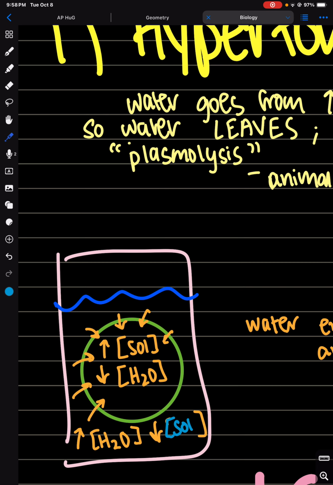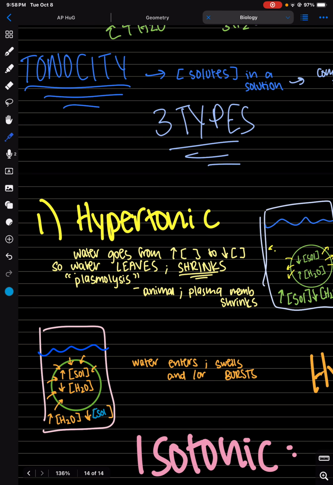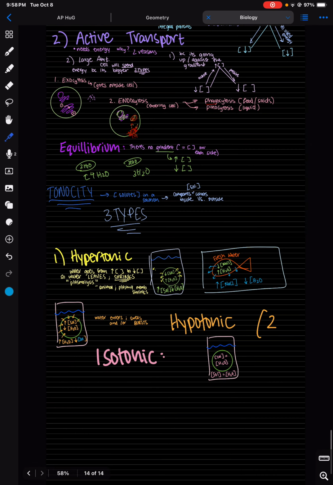That's hypotonic. You can search up examples. The book doesn't really say a lot, but I would say read the book for examples if you have time.